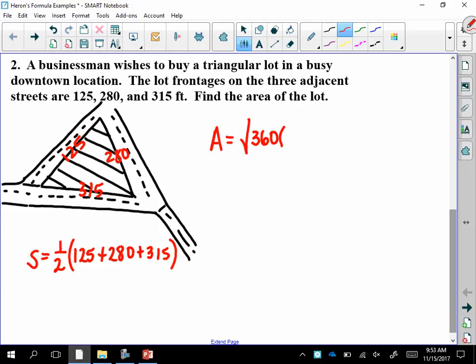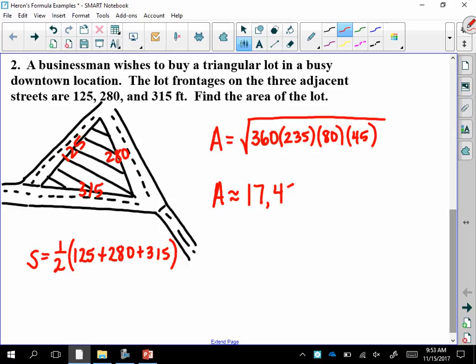So there's S. And then we'll do 360 minus each side. 360 minus 125 is 235. 360 minus 280 is 80. 360 minus 315 is 45. Calculate all that, and what do you get for the area of that triangle? 70,000.451.